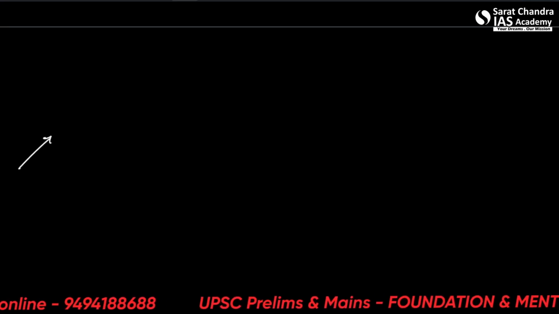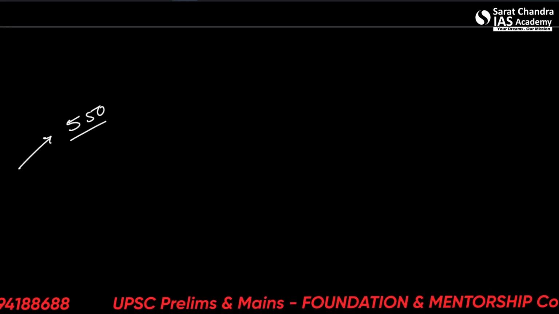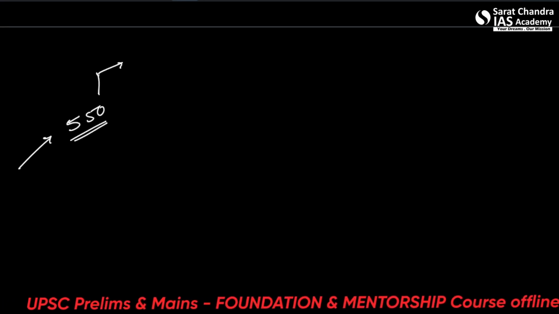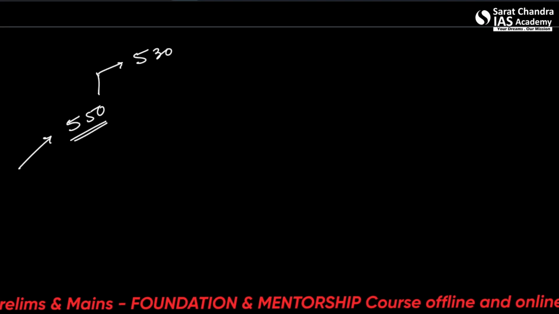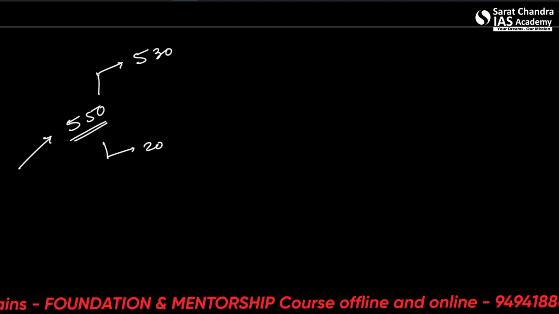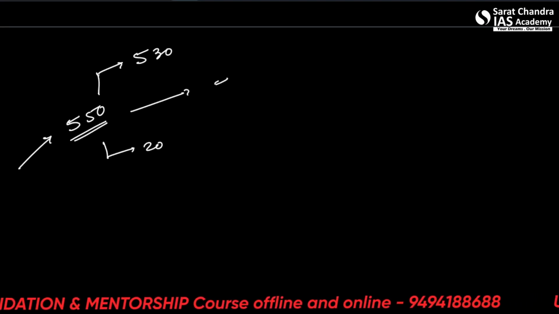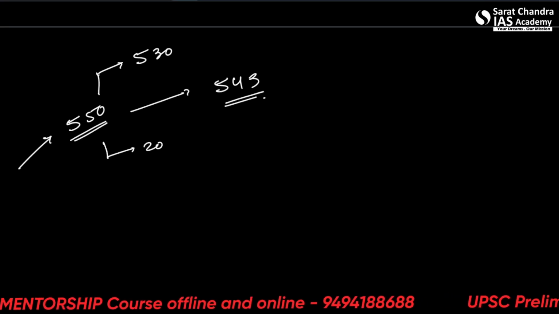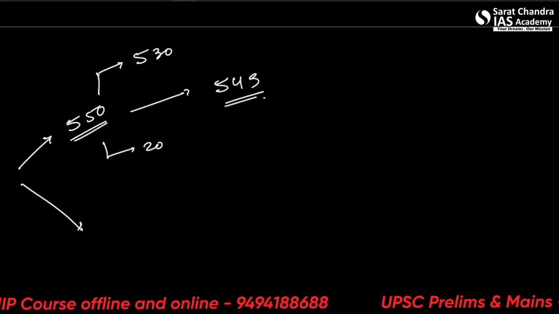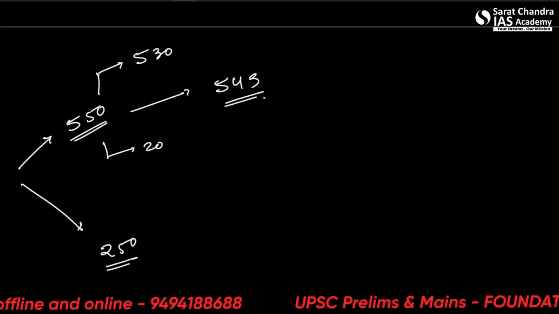So about the Lok Sabha, we saw maximum 550, 530 states, 20 UT. Current strength is 543. About the Rajya Sabha, we saw that maximum strength allowed is 250.